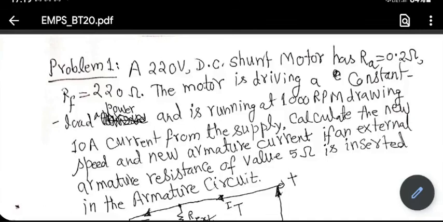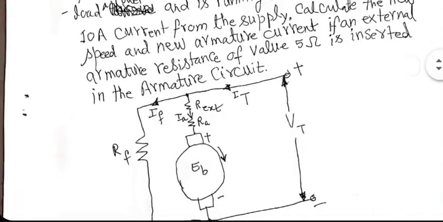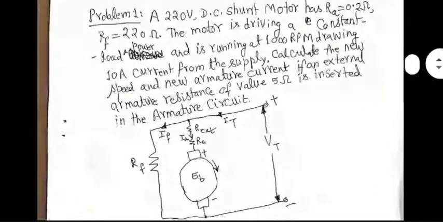And the total current drawn by the motor is 10 amperes. Calculate the new speed and new armature current if an external armature resistance of value 5 ohm is inserted in the armature circuit.